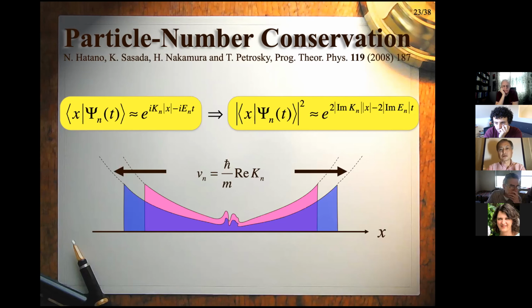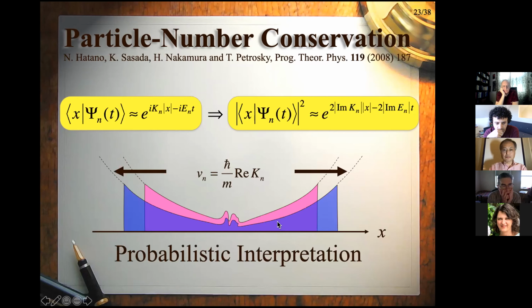It's constant. So this gives you the probabilistic interpretation of this kind of diverging wave function. This probability is still conserved here in the finite range.